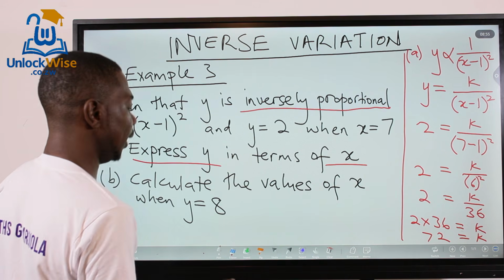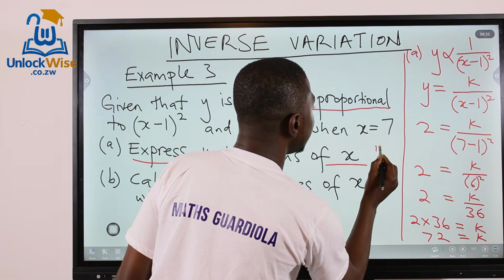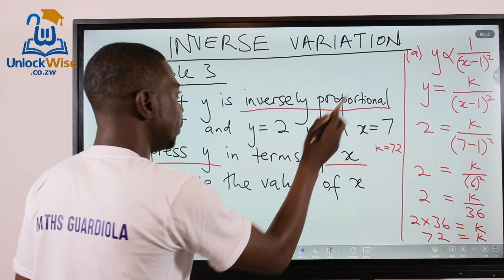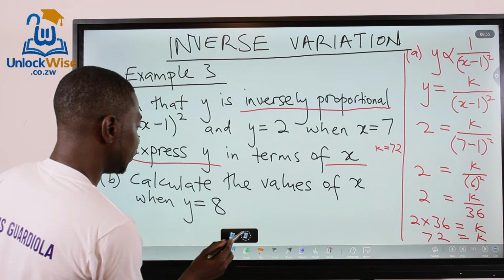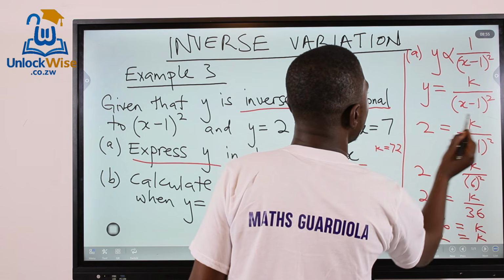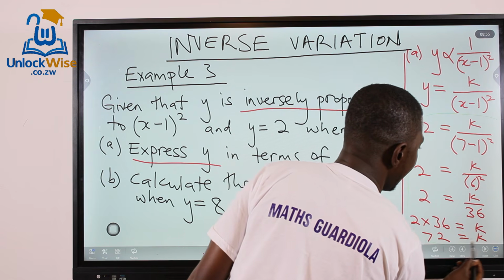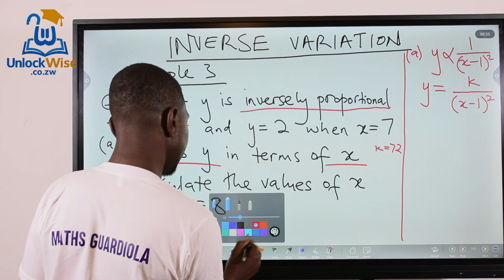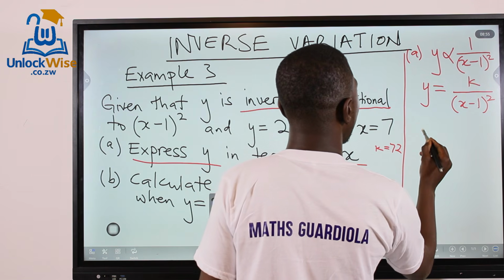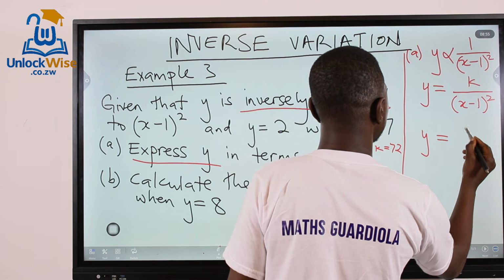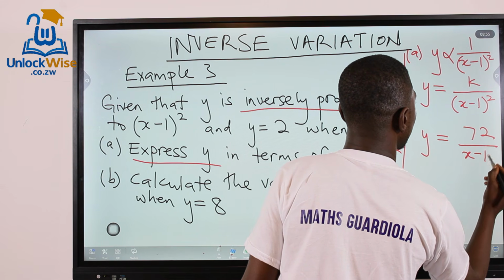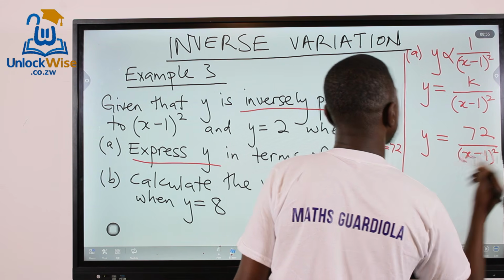Right. So if k is equal to 72, we want now to replace there. And we can have this as y is equals to 72 over x minus 1, which is squared.